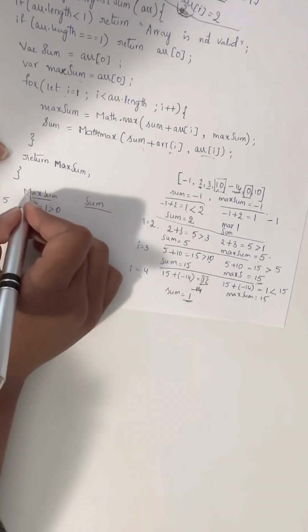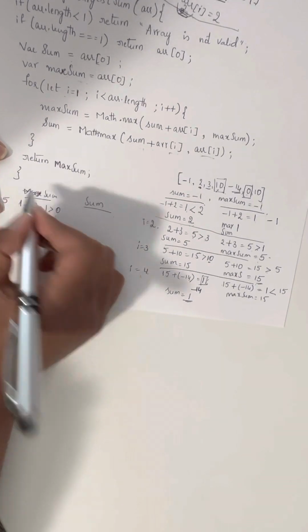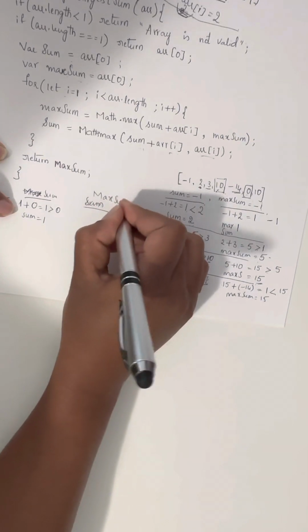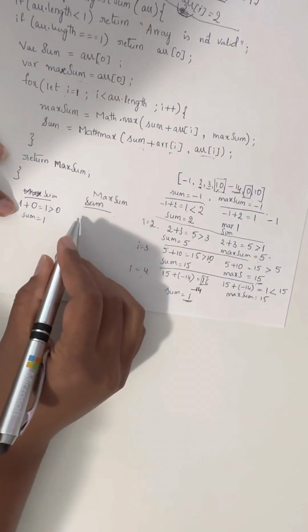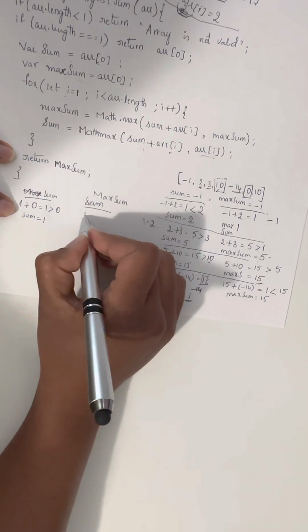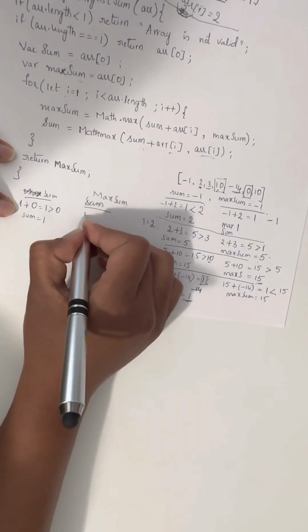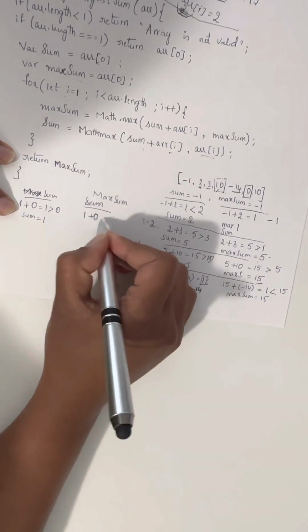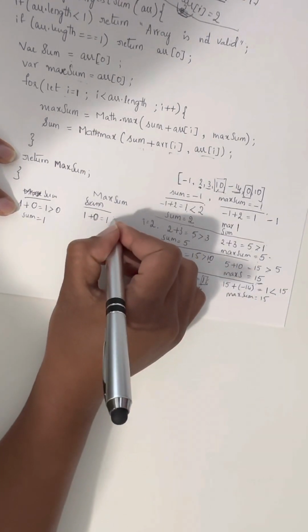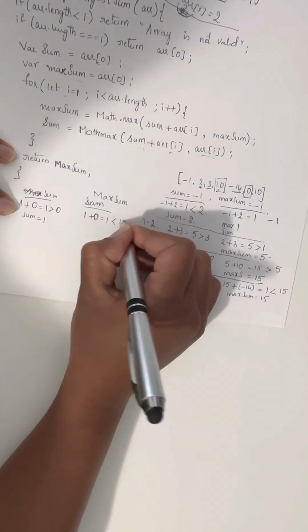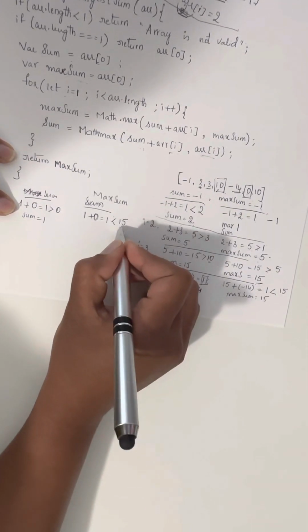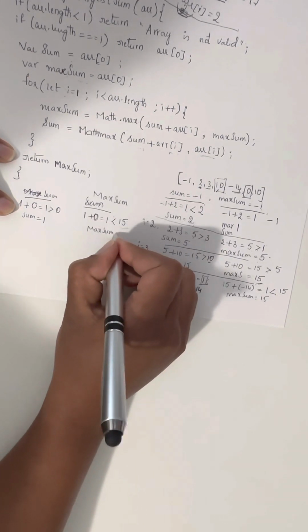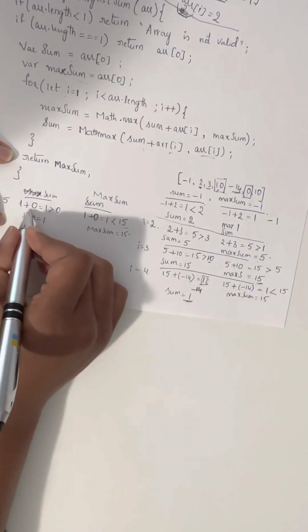Oh, sorry, this is sum. This is maximum sum. So the previous maximum sum is 1 plus 0, which is array of I, which becomes 1, and it is compared with the previous maximum sum, which is 15. 15 is still higher, so the maximum sum wouldn't change. It would be 15, and this is the sum.